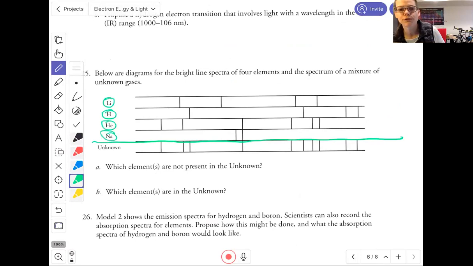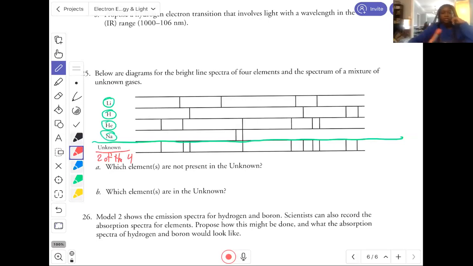Think of them as like 4 different suspects in a lineup. And then this is my unknown, and my unknown I'm saying is 2 of the 4. So if I'm a fingerprint analyst, how am I going to figure out which of those 4 is in the unknown?